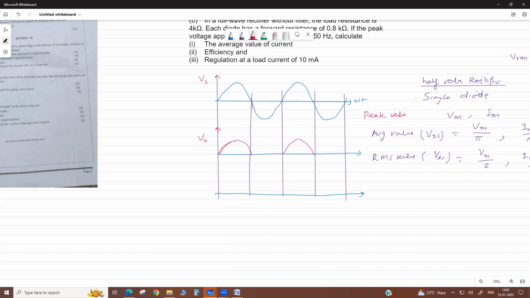Now my dear, this is not a pure DC. It is a pulse. That's why it also has a peak value. This output voltage also has a peak value.